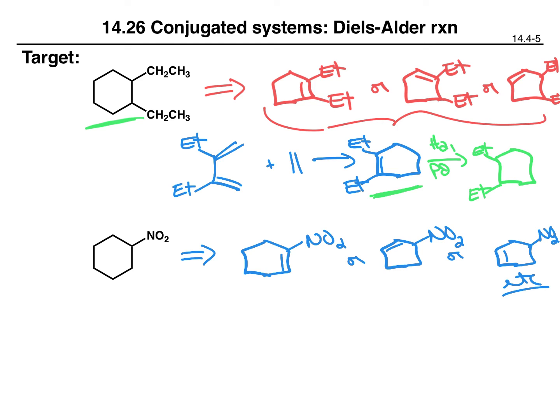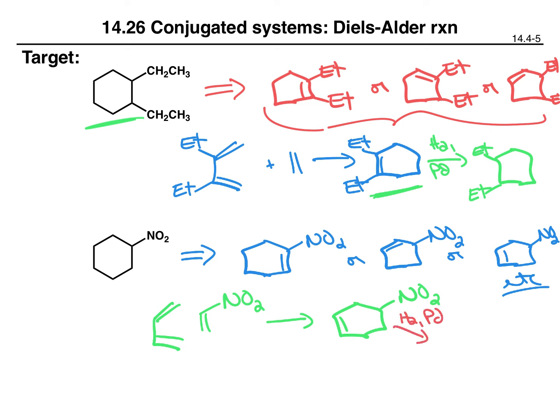So we could set this up where we are using butadiene reacting with nitroethylene, and this can undergo the Diels-Alder reaction to give us this product. And then if we treat this with hydrogen and palladium, we'd have to be careful with the conditions to make sure we reduce the double bond and not the nitro group. But that can give us this, which is our target.